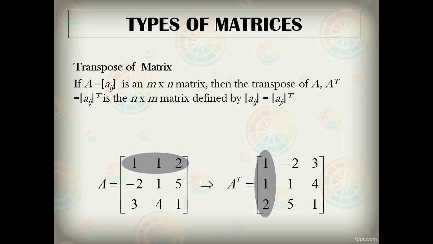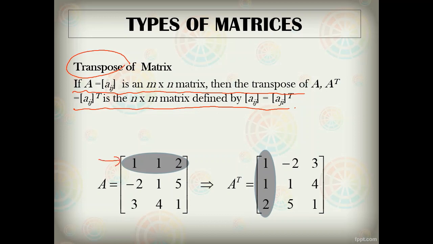So the next type of matrix is transpose of the matrix. I don't want to read all the definitions here because it is difficult to remember, so I will just explain what is transpose of the matrix. Transpose means you change your rows to become columns. So you need to rearrange all the elements here.